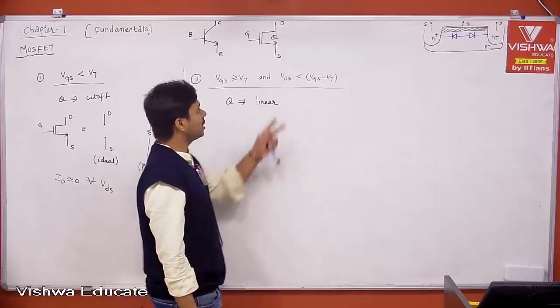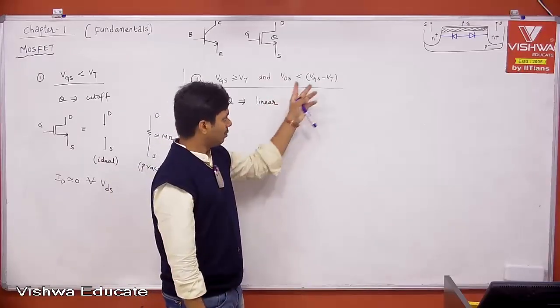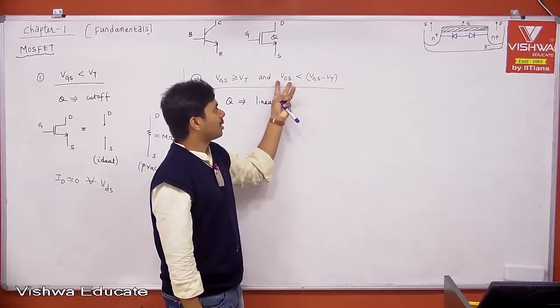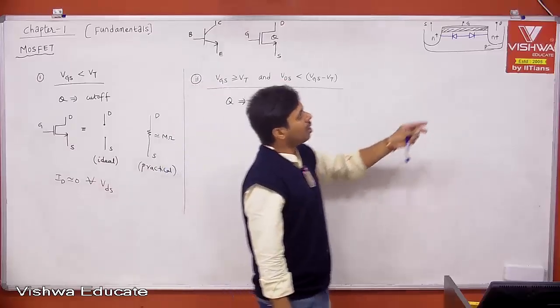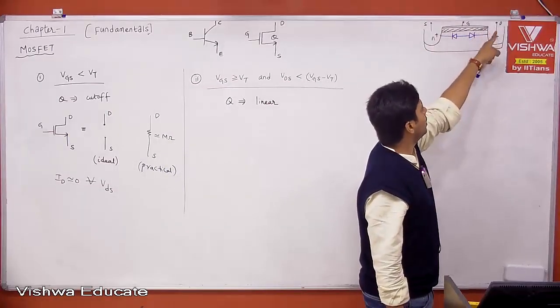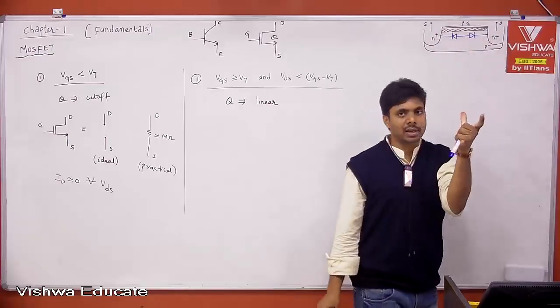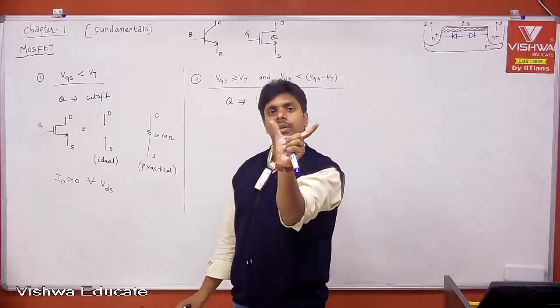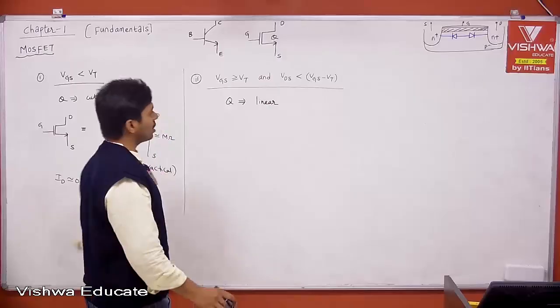Basically, VDS is smaller. For small voltage of VDS, it is simply a resistor. After forming the channel, between drain and source it is nothing but N-type semiconductor, which is nothing but a resistor. Therefore, that is called linear region.